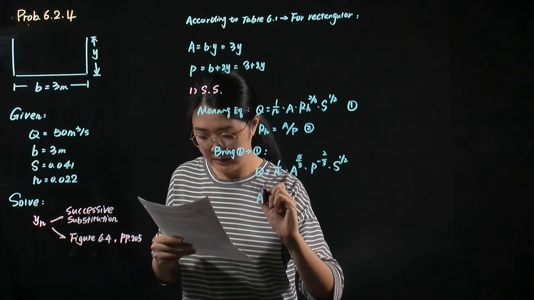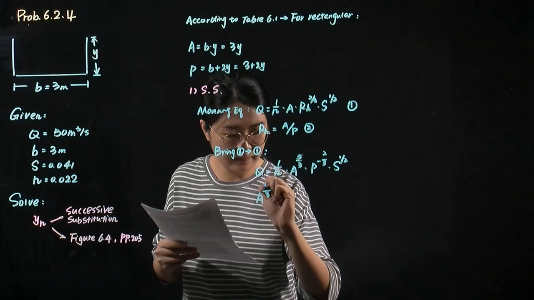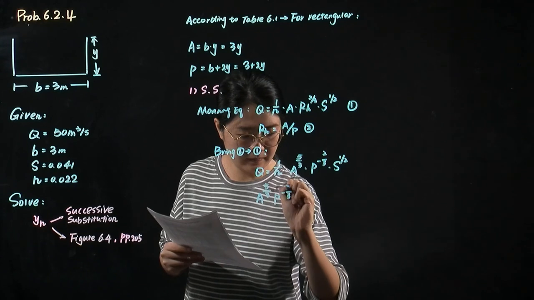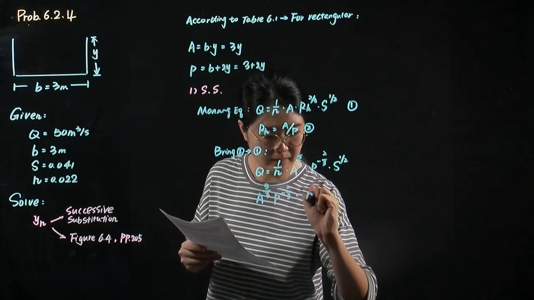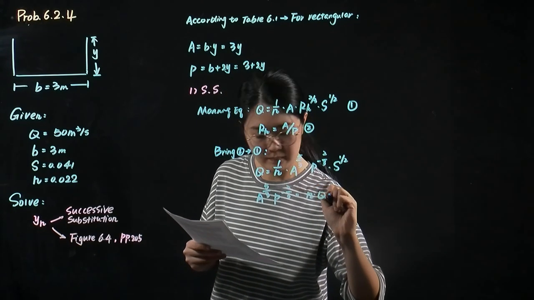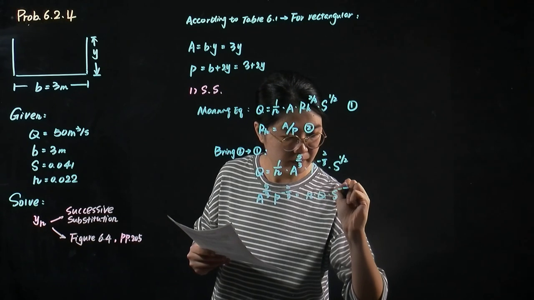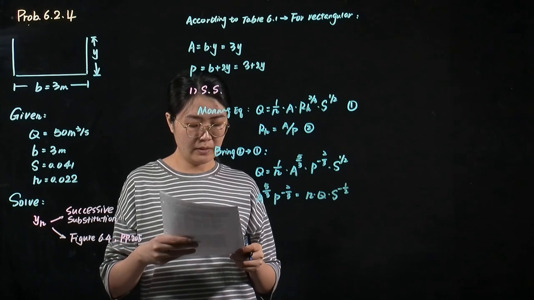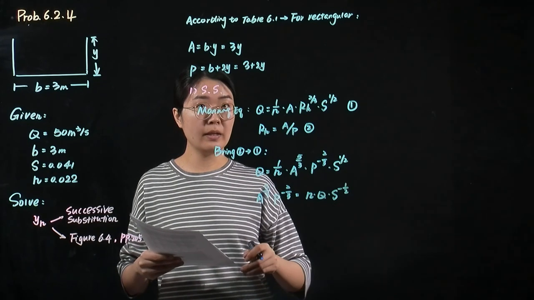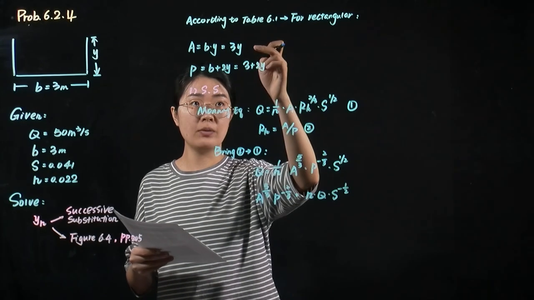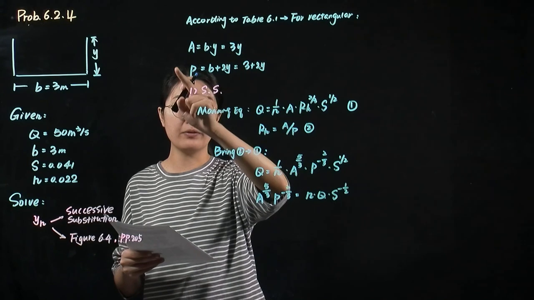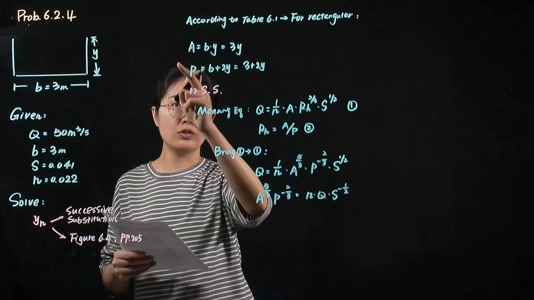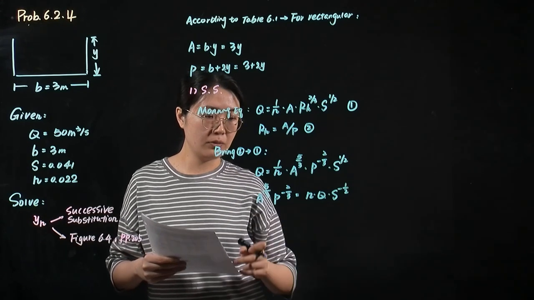Then we can get the rearranged equation. Because in the previous step we used y to represent the area and wetted perimeter, we can bring these two equations back into this one.